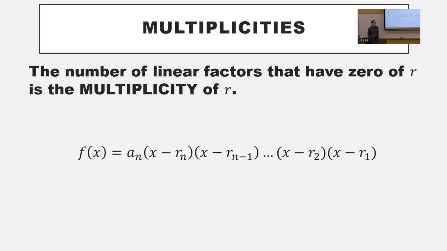So we'll also say that the zero of whatever r is has multiplicity of whatever the number is. So if x plus 2 occurs 3 times as a factor, then we say negative 2 is a zero with multiplicity of 3.